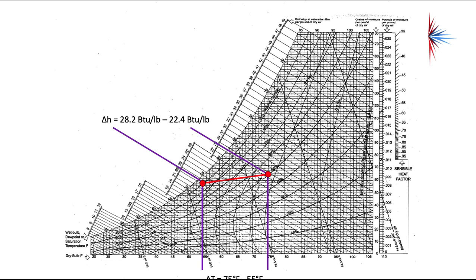So in this case, my return air has an enthalpy of 28.2. My supply air has an enthalpy of 22.4. So I'm coming in with 28.2 and I'm coming out at 22.4 BTUs per pound. Okay, and I want to just give you a second to absolutely see that. So that's my delta H.